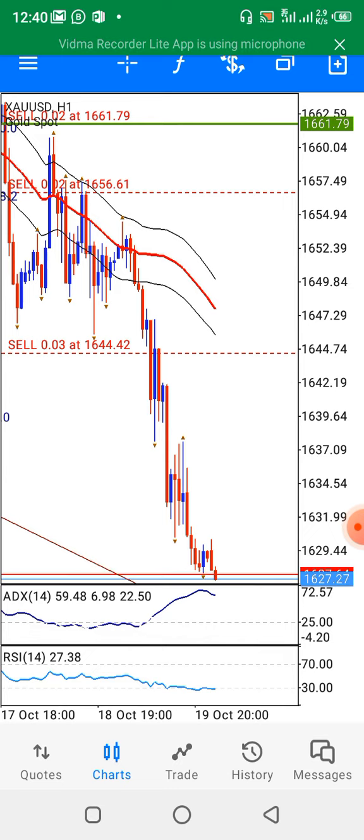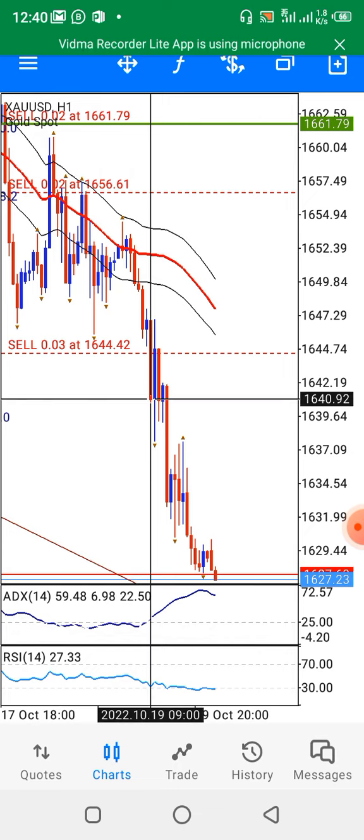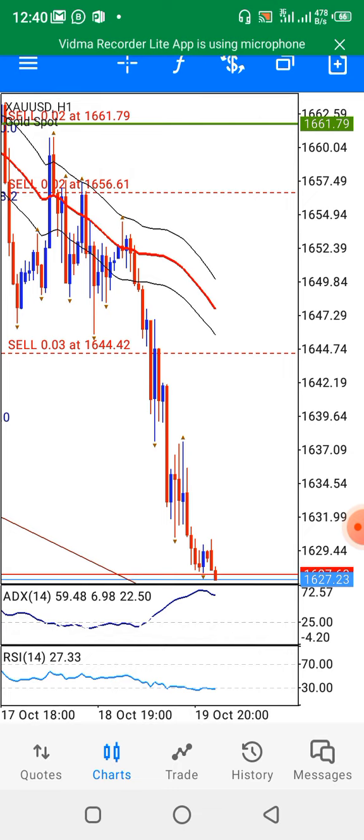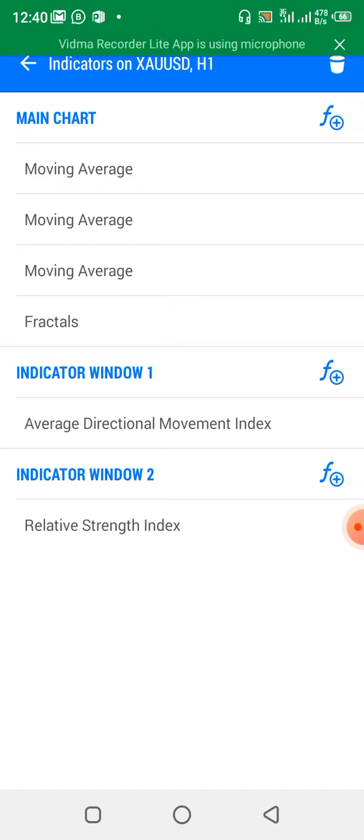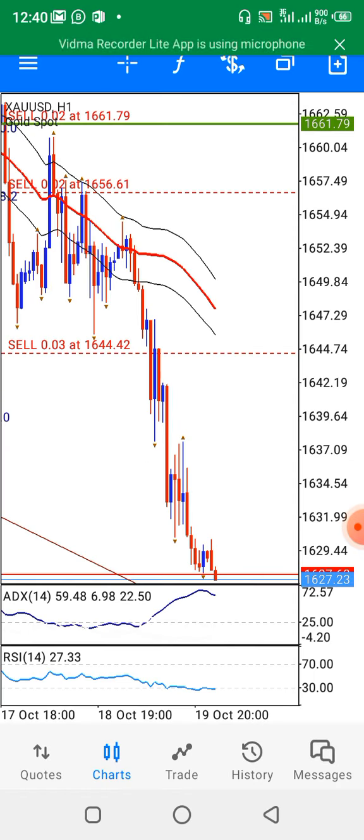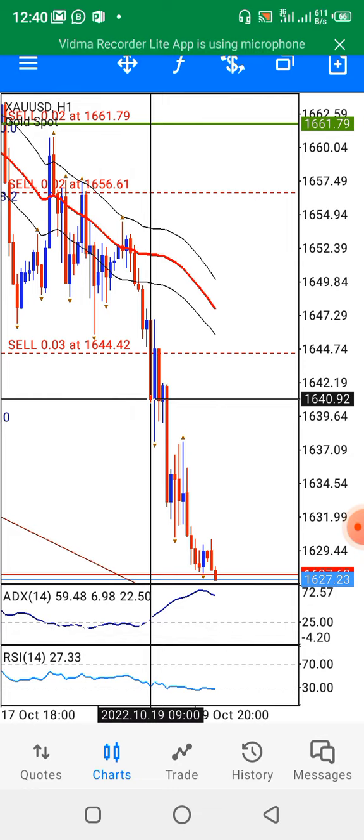On the top, this blue tab we have here, we have the crosshair, which is the cross that we can see here. This cross, we have the F, which is the indicator sign. So I'll click on the crosshair.